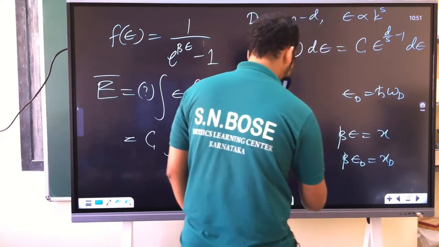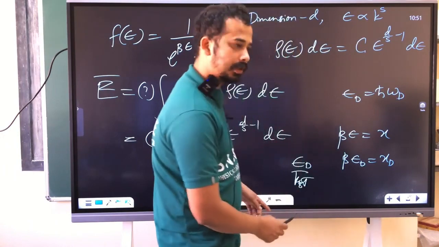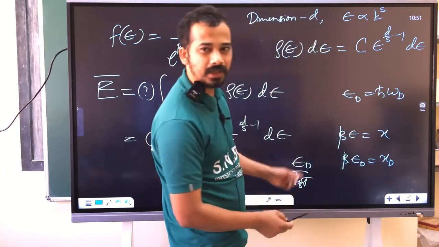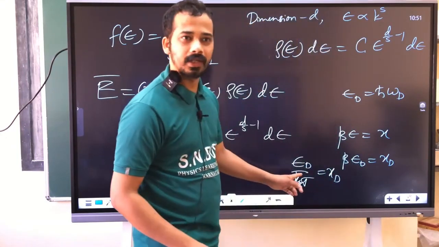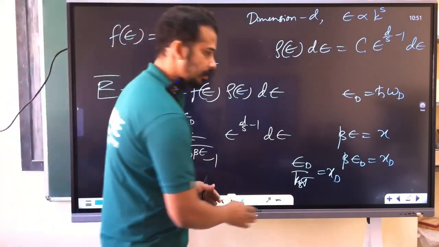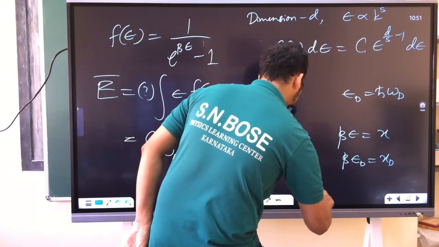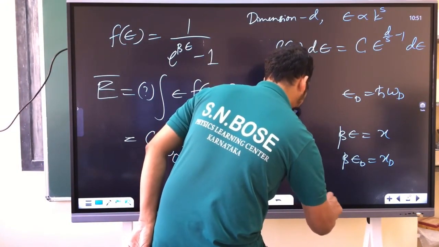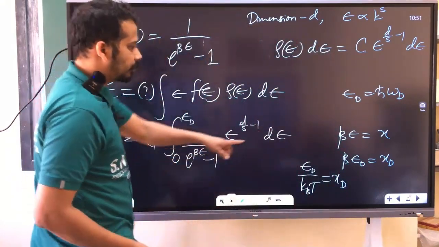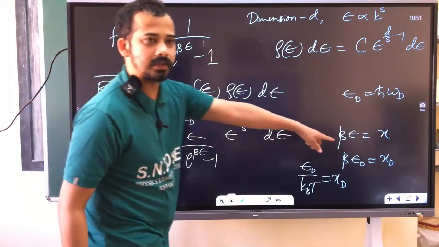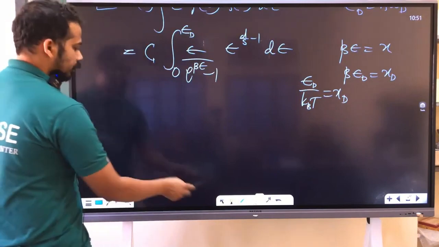We argue that E_D/(k_B T), which is h-bar omega_D/(k_B T), at low temperature equals x_D, and this is very, very large. When E = 0, x = 0; when E = E_D, x = x_D. That's how we argue, and we do the theory like this.